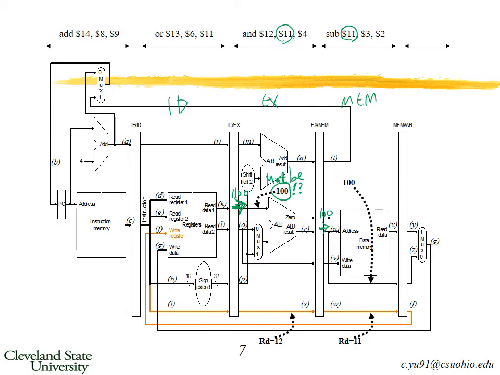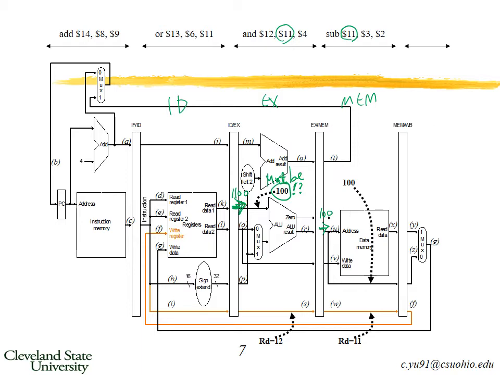In the following cycle, the subtract instruction is now in the memory stage and the AND instruction in the execution stage. Register 11, one of the source registers in the execution stage, was read in the previous cycle, which was 1100, so it is carried forward to the execution stage. On the other hand, the newer value of register 11 is not 1100, it's 100, because the previous subtract instruction computed register 3 minus register 2.